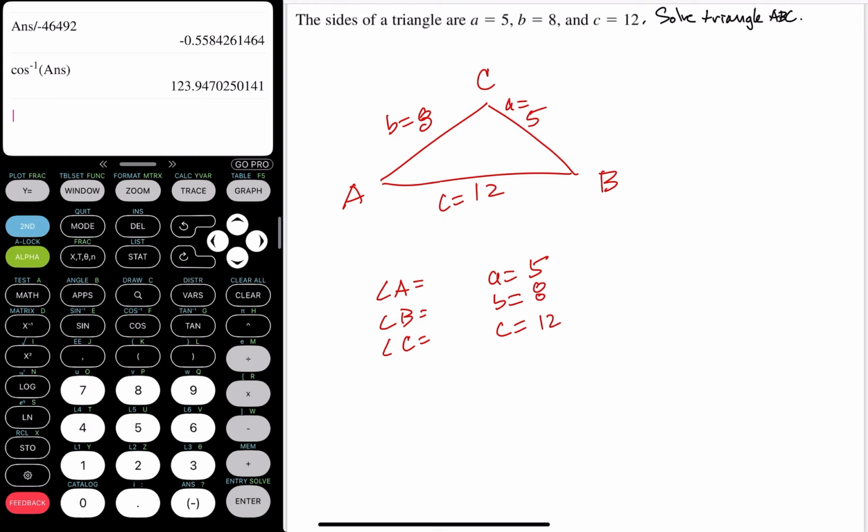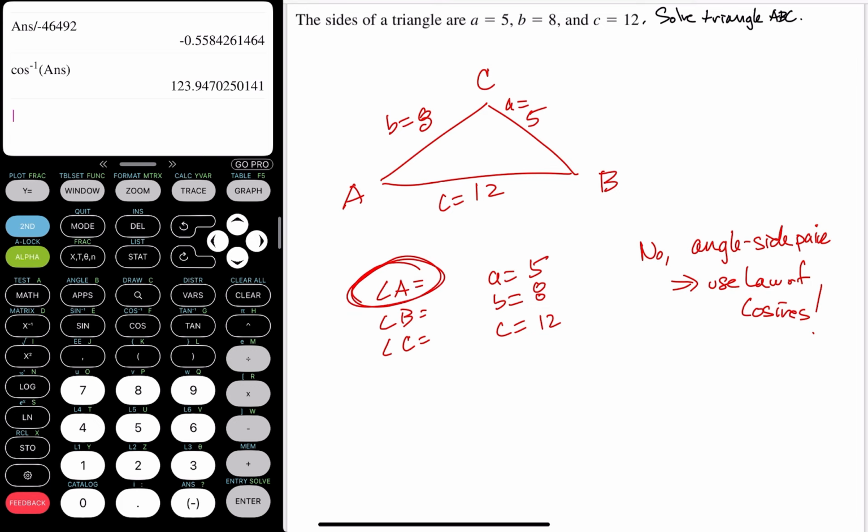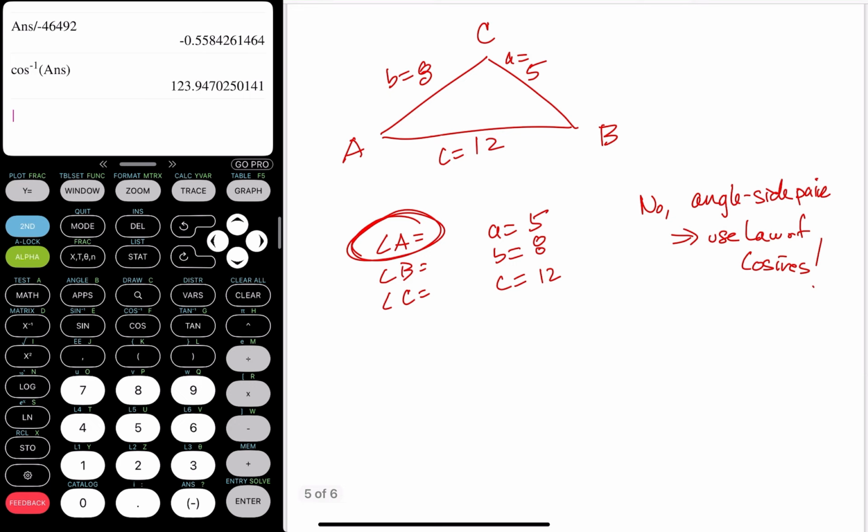So let's see. Angle A. It seems like I don't know any of these, but I need to find all the angles. Since I have no angle-side pair, that means you are going to use law of cosines. So first I'm going to find angle A. That means I'm going to put A squared over here.